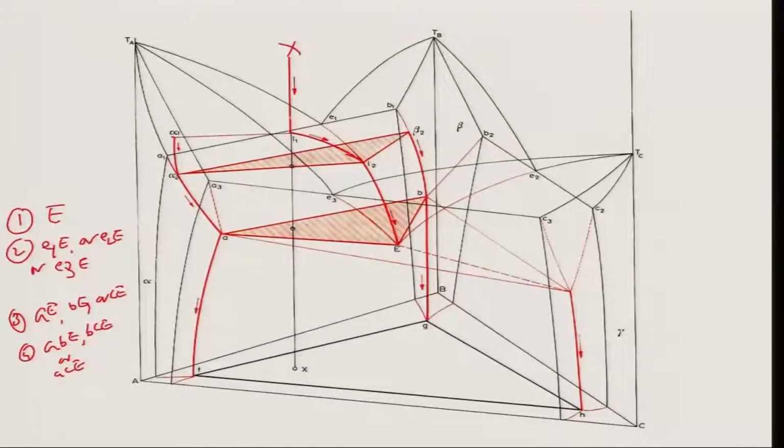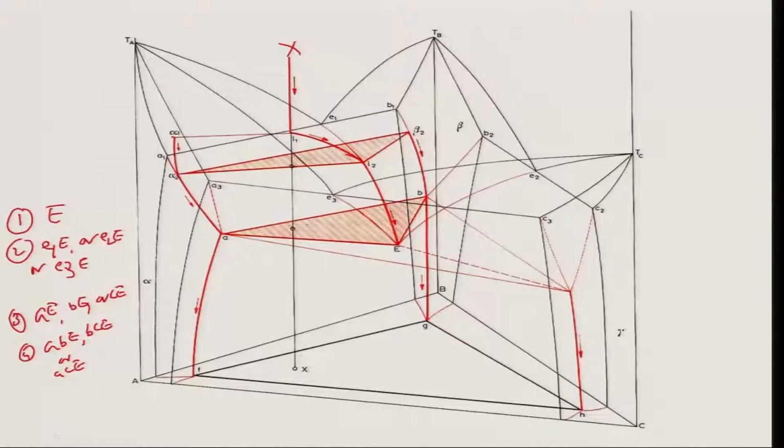Let me first reiterate again. As I cool down the alloy from the high temperature, nothing will happen above the point corresponding to L1, and as it comes down to point L1, it is going to meet the liquidus surface. Because of that, any drop in temperature below L1 will lead to crystallization of alpha of composition alpha 1, and this crystallization of alpha will continue as the temperature goes down from T1 to T2 corresponding to point L2.